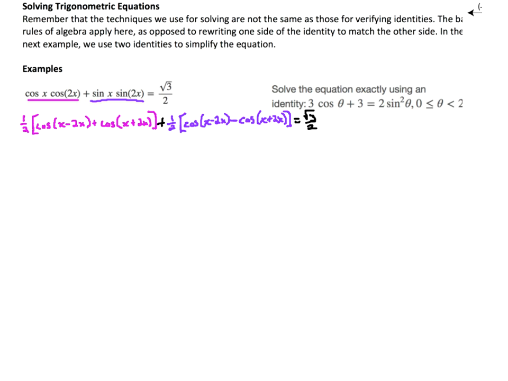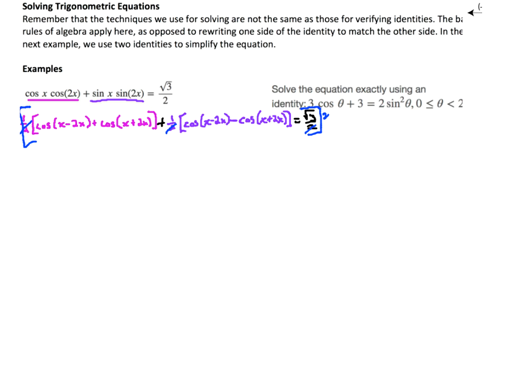Okay, so like I said, this looks really intimidating at first, but it's not bad. The first thing I'm going to do is get rid of these fractions. So I'm going to multiply this entire equation by 2. And that gets that 2 away there, the 2 there, and the 2 there.